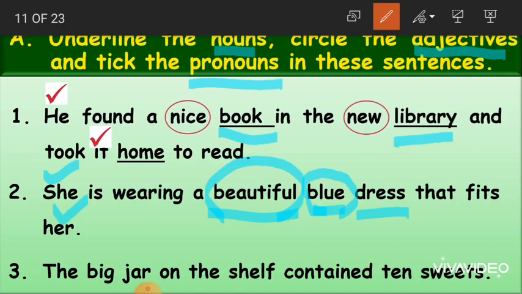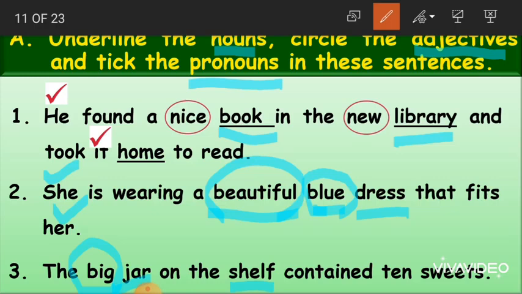The big jar on the shelf contained 10 sweets. See, what is the noun here, children? What are we talking about? We are talking about the jar. That is a noun here, jar. So what we have to do is underline the noun. And again, shelf is also a noun. How is this jar? It is big. So this becomes what?